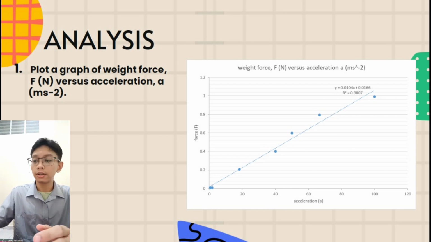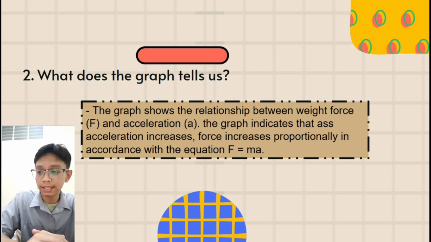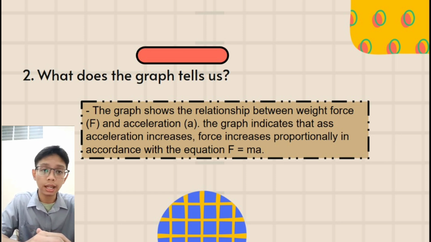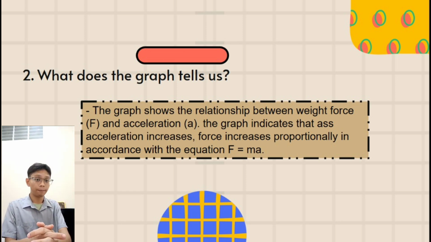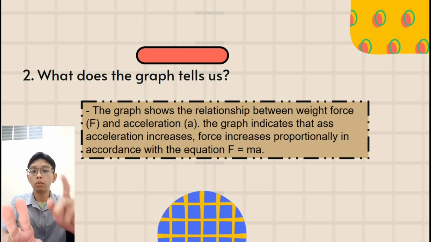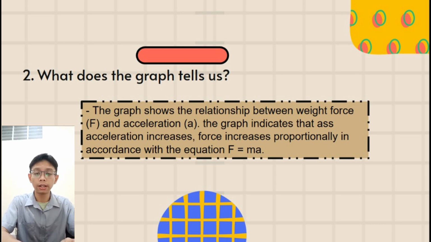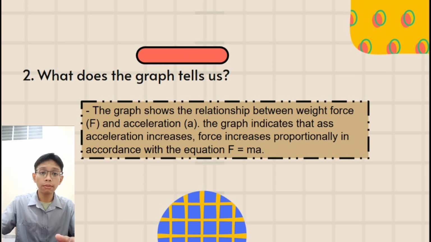Now, let's go to the second question. The second question asks, what does the graph tell us? Like I just said earlier, the mathematical relationship between weight force and acceleration is directly proportional because the graph line is straight.